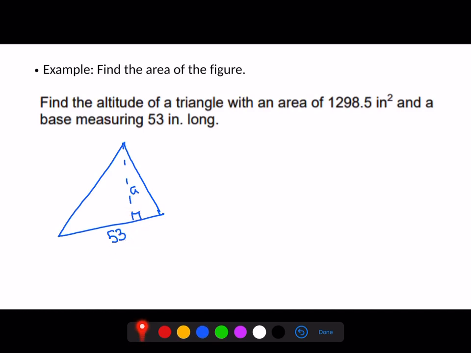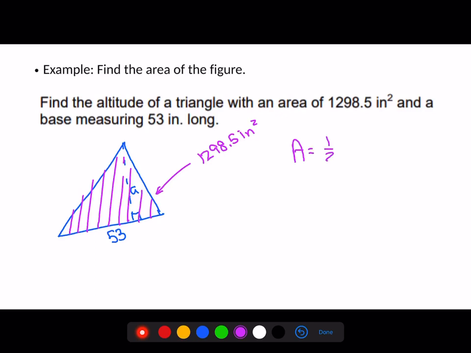So there's my base. I also know that my area, all this space, is equal to 1,298.5 inches squared. Using our area formula, area is equal to 1/2 base, which is 53, times height, which is our altitude.